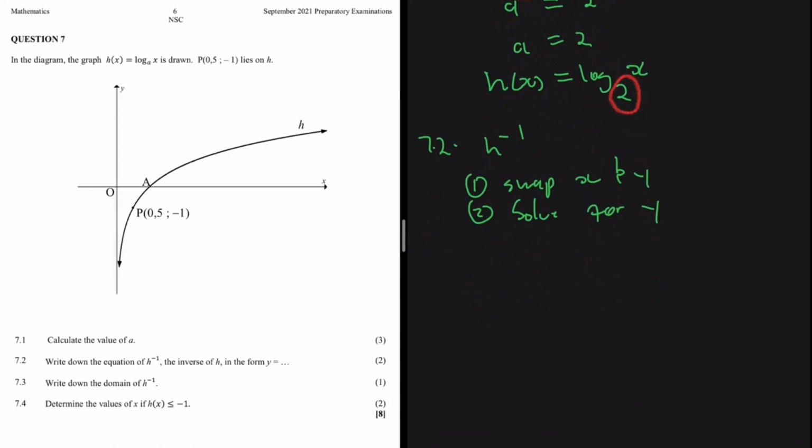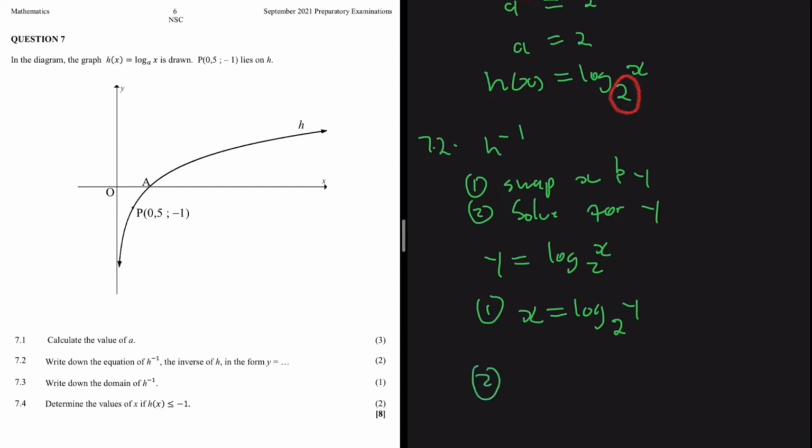We know that h of x, or y, is equal to log of x base 2. Let's do step number 1, which is to swap x and y. In place of y, we put x, and this will equal log of, in place of x, we put y, base 2. Now we solve for y, and after we have solved for y, we have essentially found the inverse of our function.